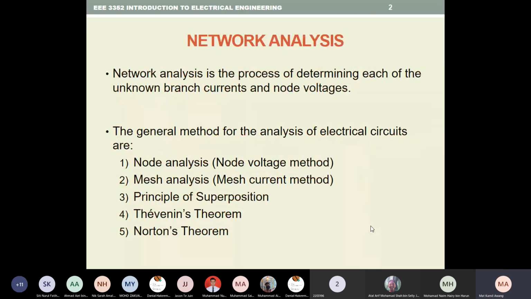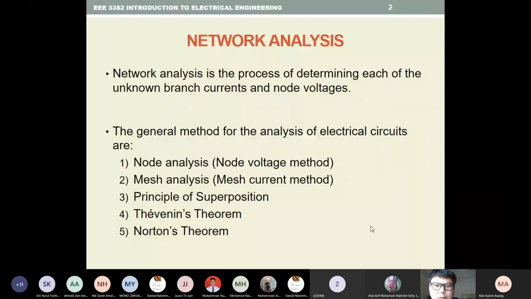So what is a network analysis? Network analysis is essentially the process of determining each of the unknown branch currents and node voltages. So basically network analysis is a method, a process that you do in order to calculate the currents of the branches and the voltages at the nodes.